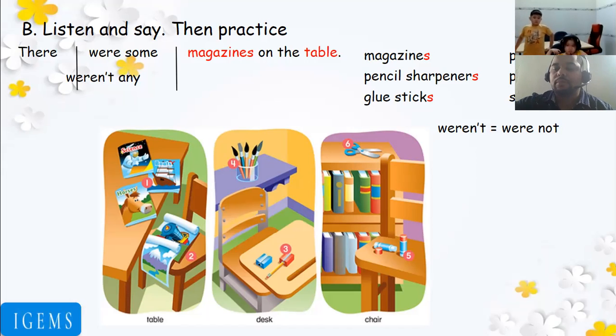Okay, in order to specify that in the past something was at a certain place, or was not at a certain place, if it is plural, that is more than one, we say there were, for example, magazines on the table, as we saw before, or there weren't any magazines.